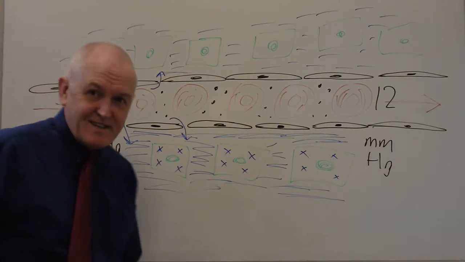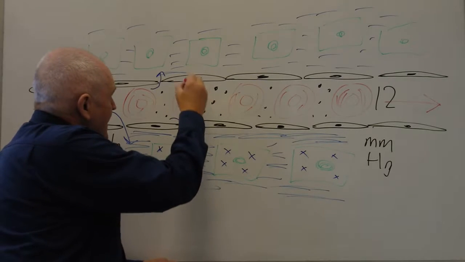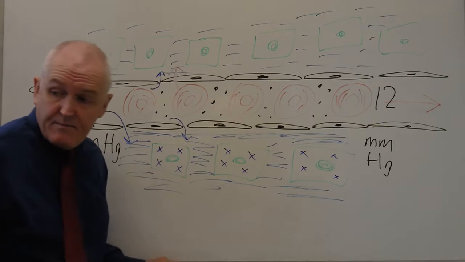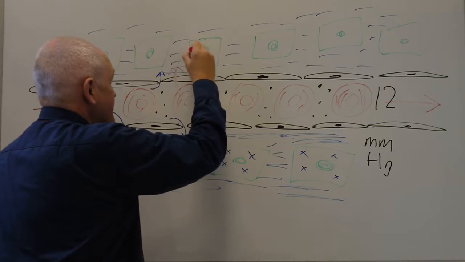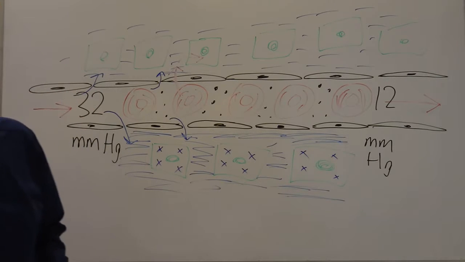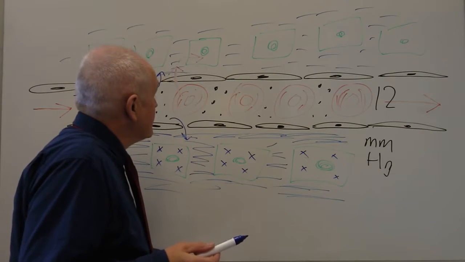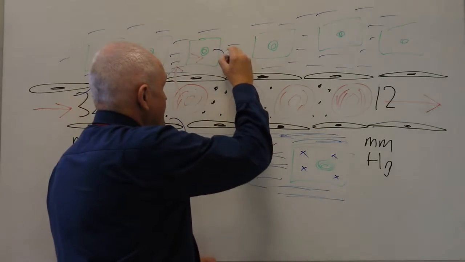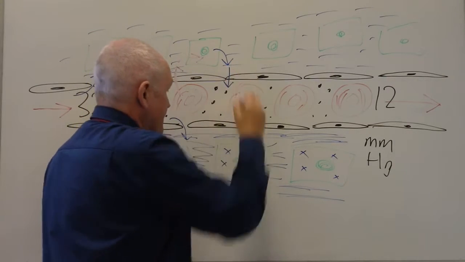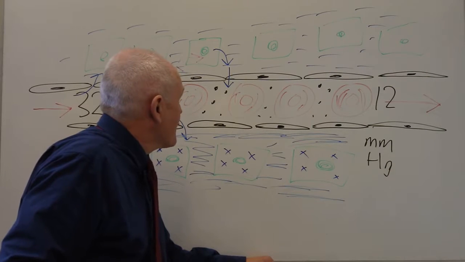Well, of course it certainly is, because the oxygen from the red cells has to diffuse into the tissue fluid before it can diffuse into the cells themselves. And likewise, waste carbon dioxide produced by the tissue cells will diffuse into the tissue fluid before it can diffuse into the blood to be transported away to the lungs to be breathed out.